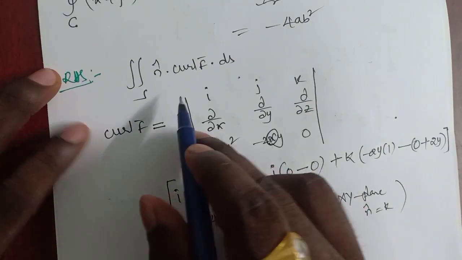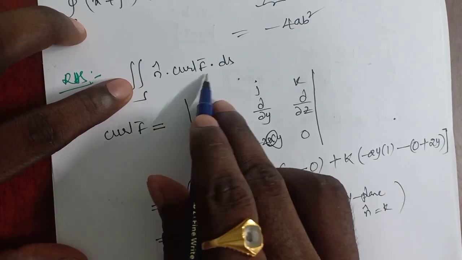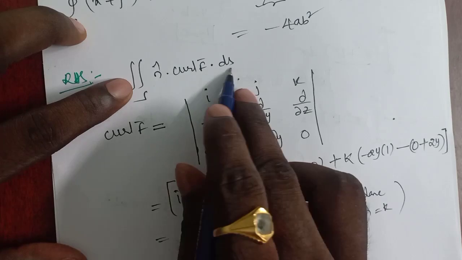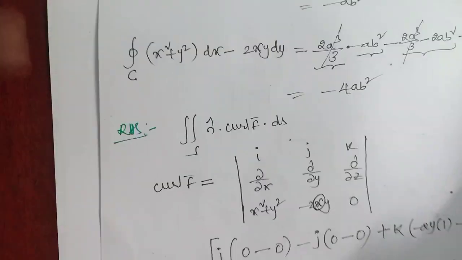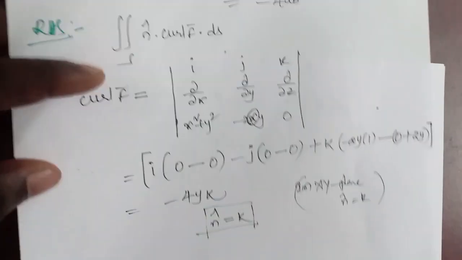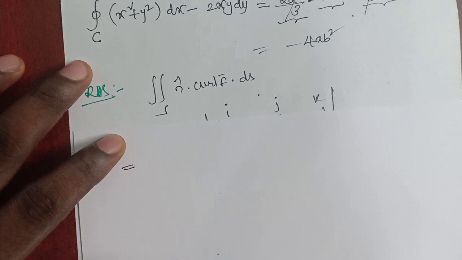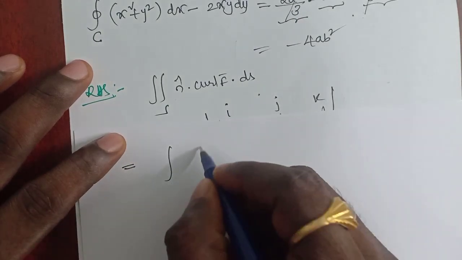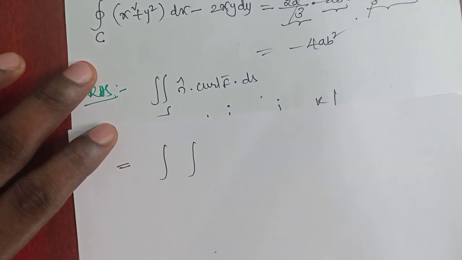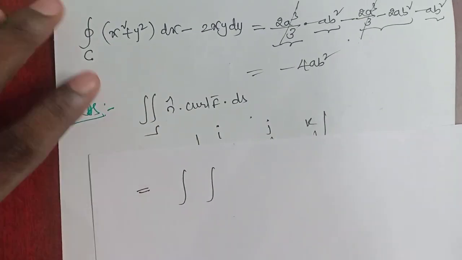Then finally we need to find the double integral of n cap dot curl f bar into ds. We need to evaluate this. So the double integral of, coming to the boundaries for x and y.